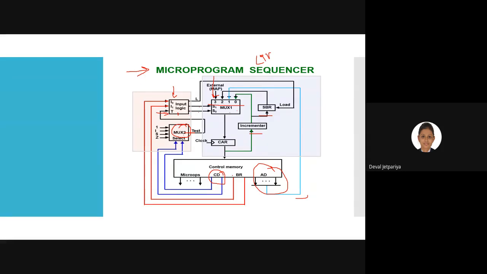So let's suppose this condition bit is equal to 1. The same information we are giving towards here, and likewise here the test bit is also 1 and that information we are giving towards here. So at this input logic we have information from the test bit plus information from this red arrow, the BR branch input, okay.